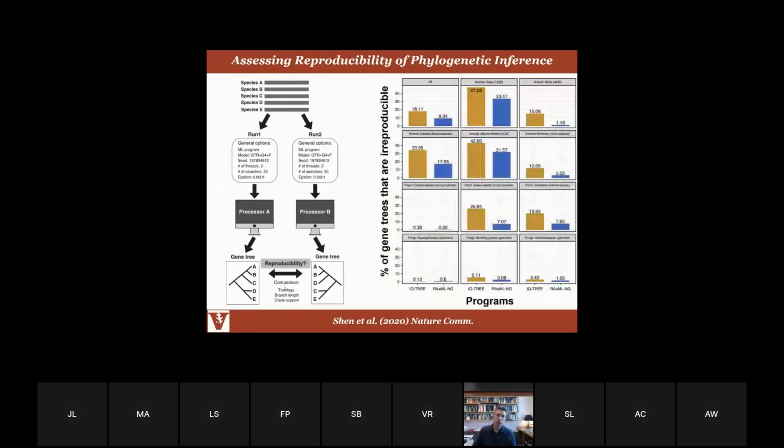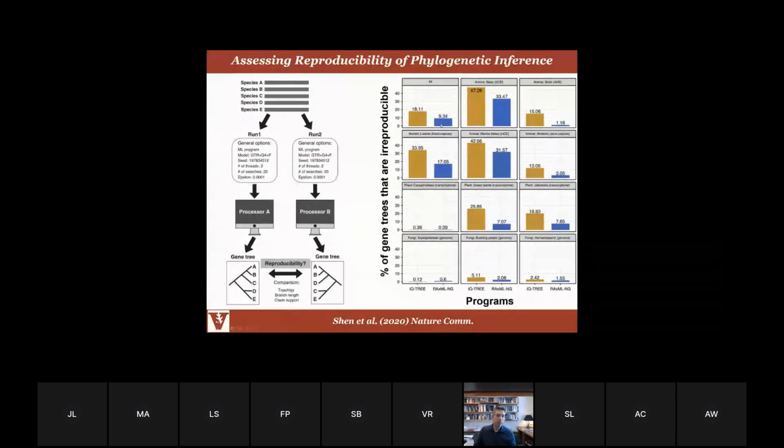And what we found is that sometimes the results are reproducible, and sometimes they cannot be reproduced. Again, if you focus on this top panel here, we have the results for IQ-Tree with the light color and for RAxML with a darker color, and you can see that 18% of gene trees cannot be reproduced when we run the analysis a second time.